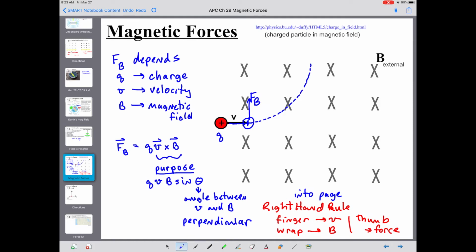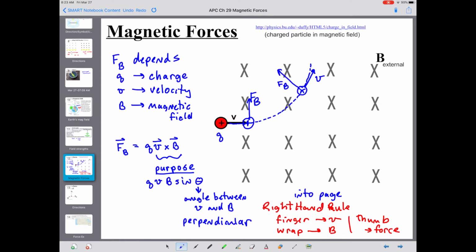If I continue the motion of the charge a little further, say to up here, then my velocity will be tangent to the path. And so if I point my fingers diagonally upward towards the top right-ish corner of the screen, and I wrap them so my fingers are pointing straight down into the screen, then my thumb is going to point diagonally upward in this direction.